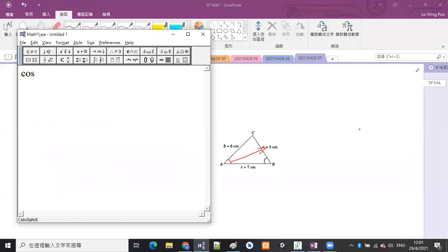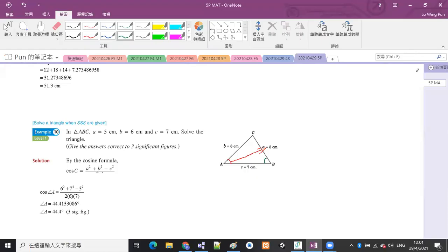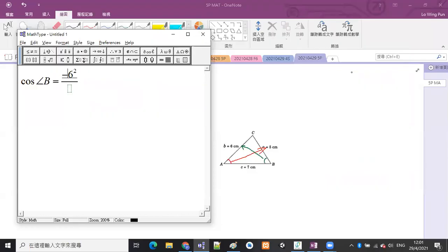So cosine angle B is equal to a fraction, and I need to fill in the negative term first. The negative length square is the length which the angle is looking at. So that should be this length AC, that should be 6 square. And the other two lengths will be 7 square plus 5 square, and then divided by 2 times 7 times 5, okay?